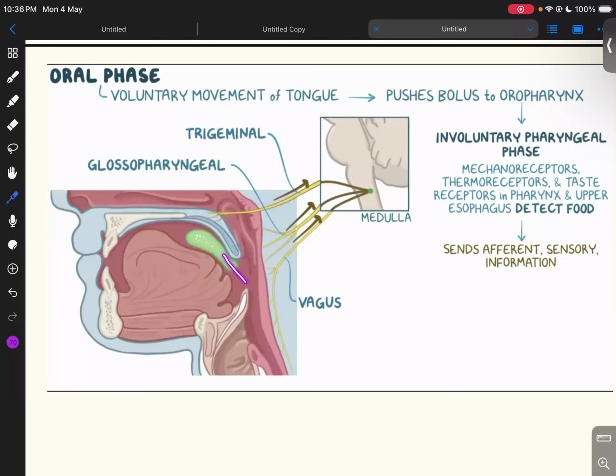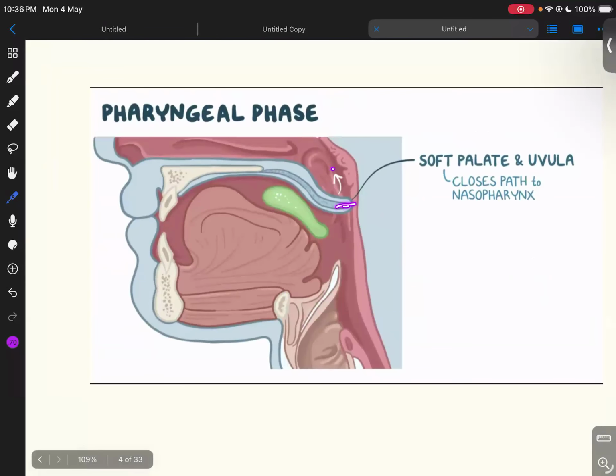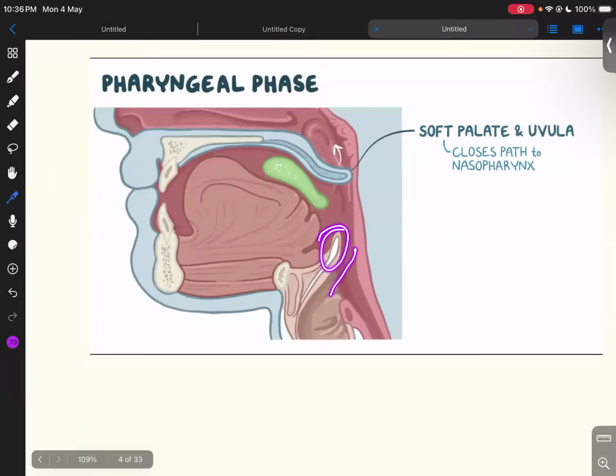In this passage, the soft palate gets elevated, closing the way of the nasopharynx, so that the food does not come into the nasopharynx. It also causes the epiglottis to come down, so that the food does not enter into the airway.